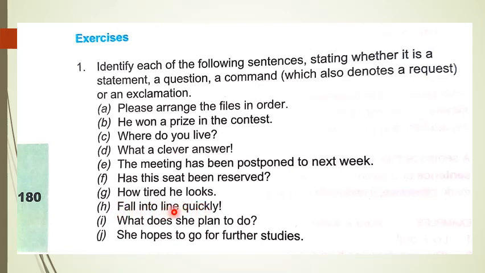What do you feel? What is this sentence exhibiting? What kind of sentence is this? Fall into line quickly. Yes, this sentence exhibits order, command. So this sentence is an imperative sentence.